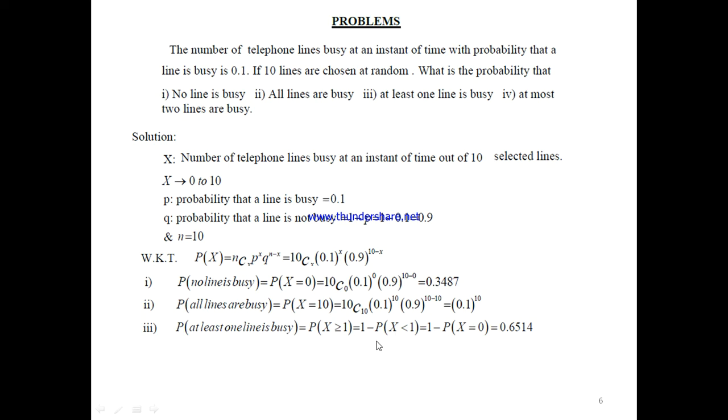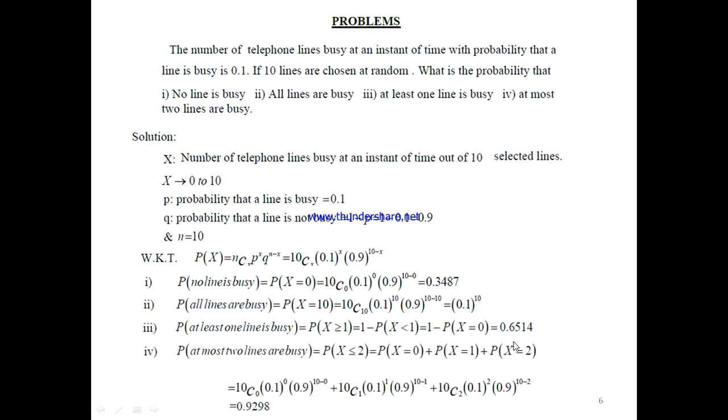So it is 1 minus the probability that x is less than 1. And when x is less than 1, the possible value for our random variable x is 0. So it is 1 minus the probability that x is 0. Already we know the value for the probability that x is 0. By substituting that, we'll get our answer as 0.6514.